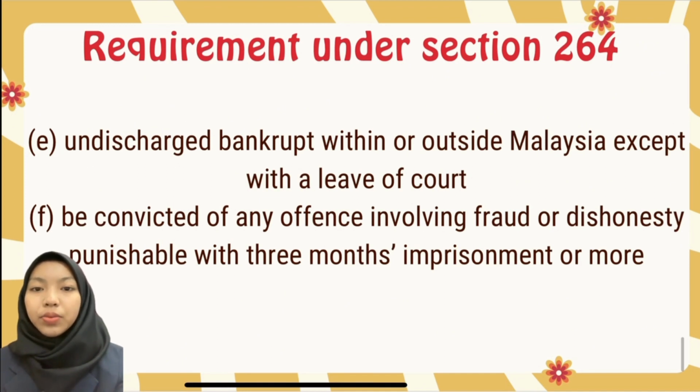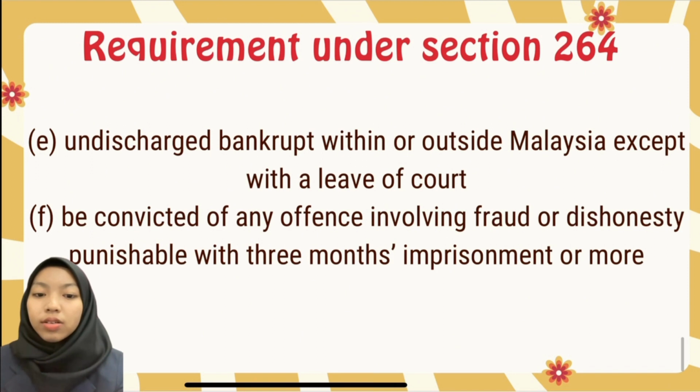E. Undischarged bankrupt within or outside Malaysia except with leave of court. And F. Be convicted of any offence involving fraud or dishonesty punishable with 3 months imprisonment or more. Okay, this will happen if the auditor violates the rules and is not honest in the company.